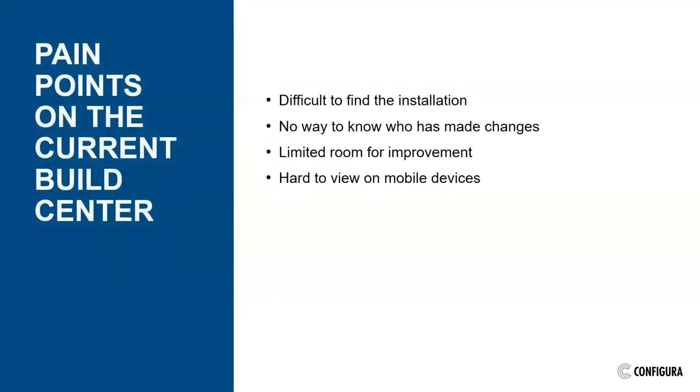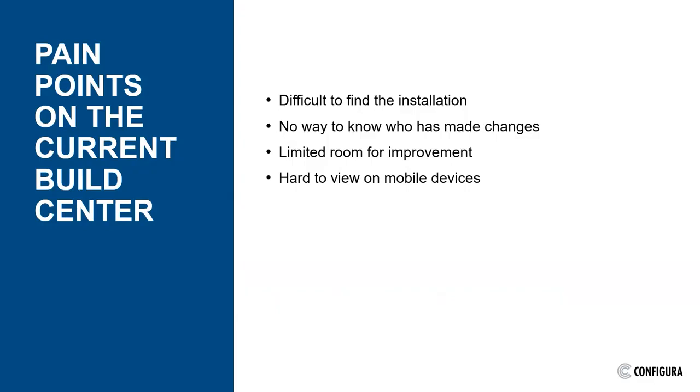So this overhaul was really a reaction to some difficulties that have been pointed out with the current build center, or at least as it exists now. One being difficulty to find installations or find specific build boxes.